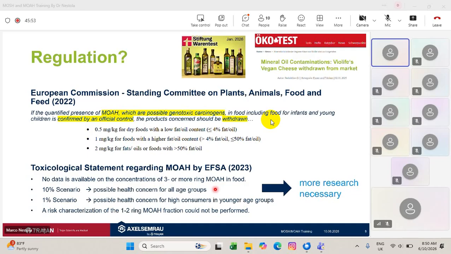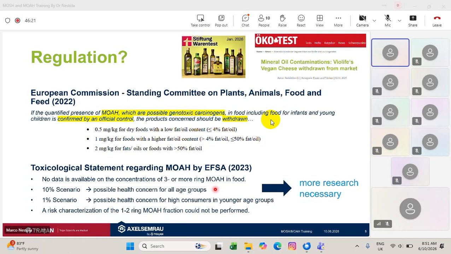Question: may I know the difference between the EU Commission and EFSA in Europe? EFSA, the European Food Safety Authority, is just a scientific organization. So they are not allowed to give any legislation. They are doing all the scientific work, and the EU Commission is the party which is responsible for legislation.